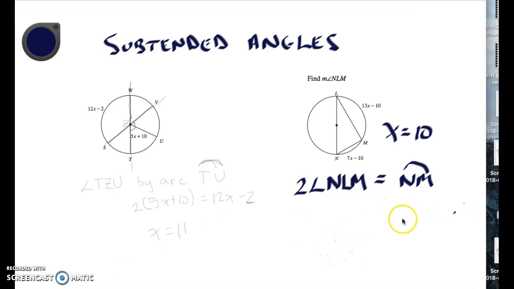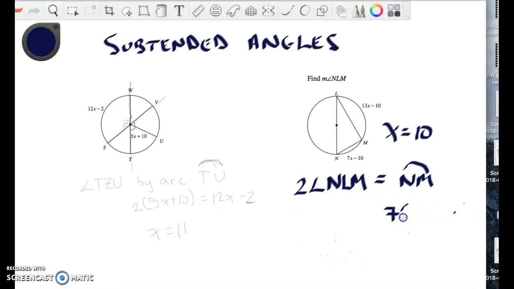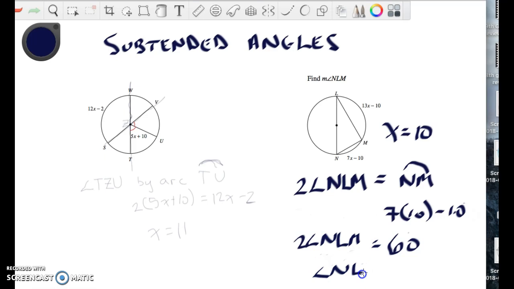So if x is 10, then arc NM is 7 times 10 minus 10. And that means that arc NM is 60. And now we've got 2 times angle NLM is equal to 60. So that means angle NLM is equal to 30 degrees. And we're finished.